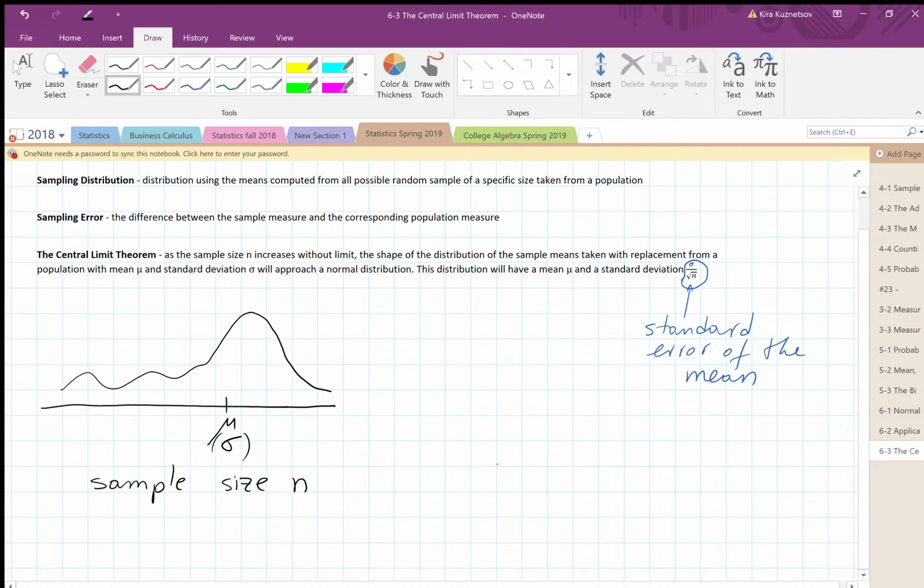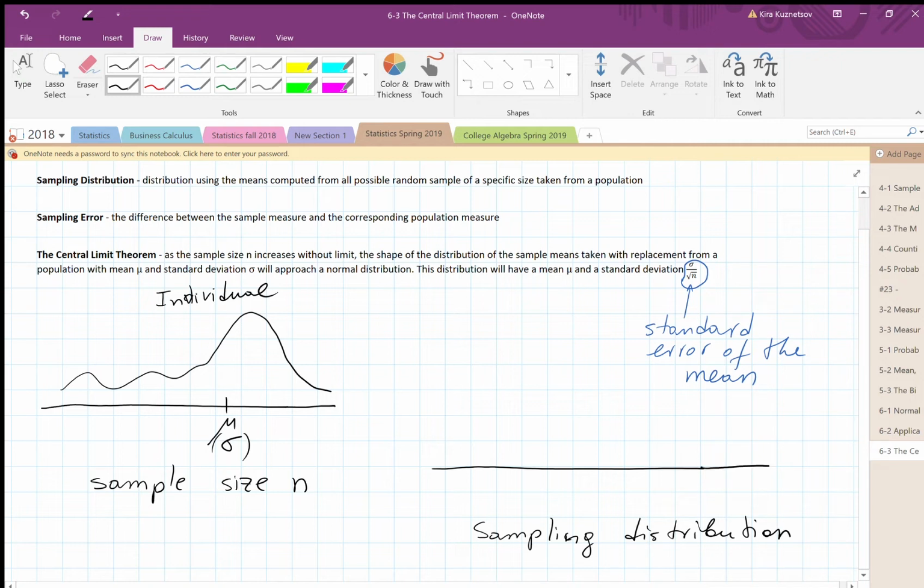The sampling distribution, so this is individual. My sampling distribution, if I collect these samples many times with replacement, will actually look like this now.